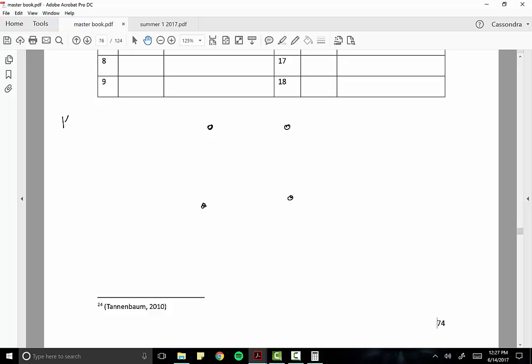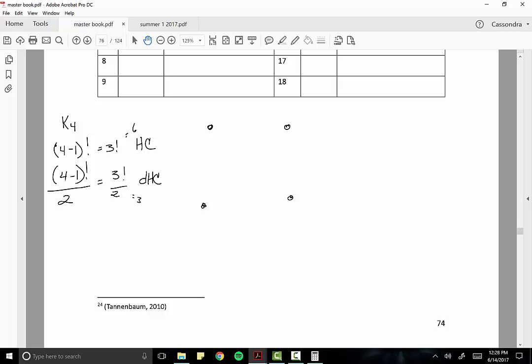Because a K4 has 4 minus 1 factorial, or 3 factorial Hamilton cycles. And it has 4 minus 1 factorial divided by 2, which is 3 factorial divided by 2 distinct Hamilton cycles. So this equals 6, this equals 3.